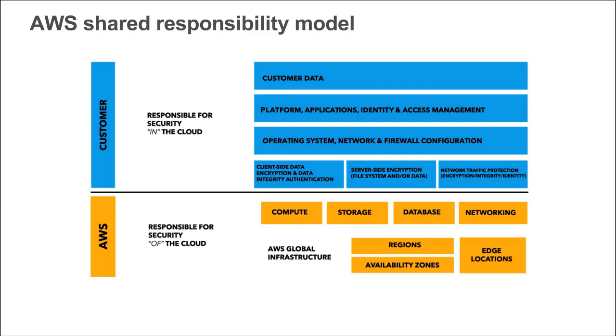Whereas the customers are responsible for building secure applications, securing the guest operating system, the network, the firewall configuration, such as EC2 security groups, and securing their data at rest via various encryption mechanisms. Customers must carefully consider the services they choose because their responsibility varies with the services they choose.